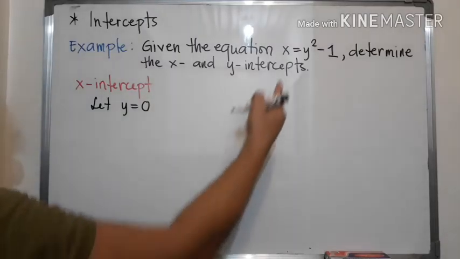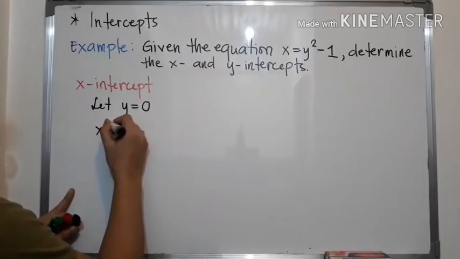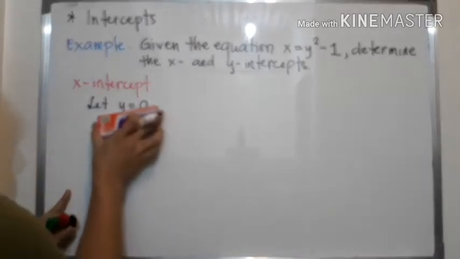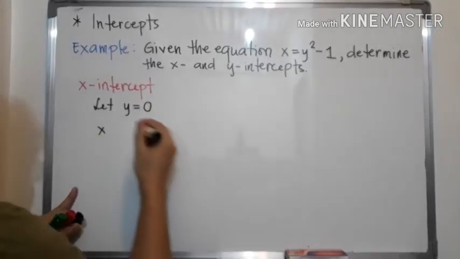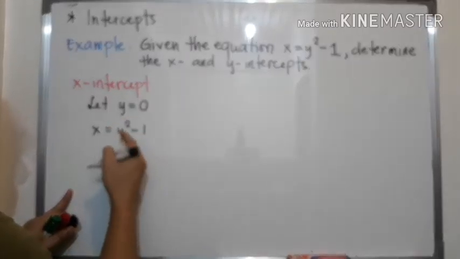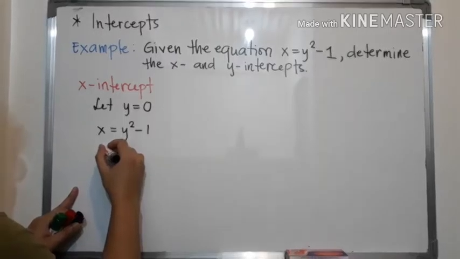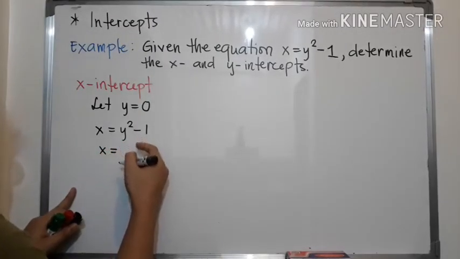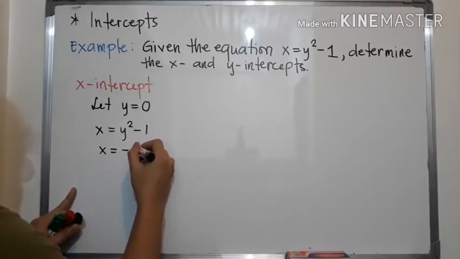So we have the equation x equals y squared minus 1. If we let y equal 0, x is equal to negative 1.